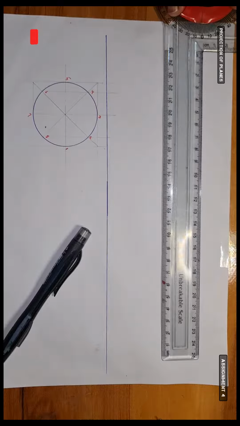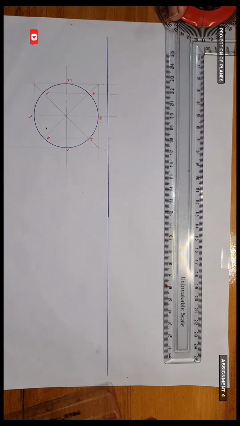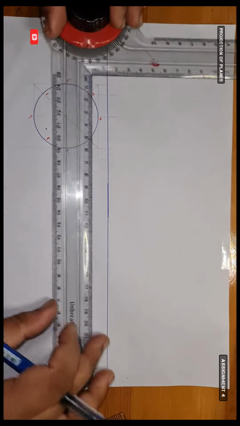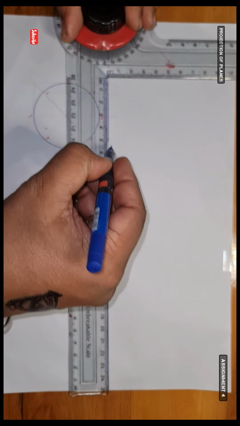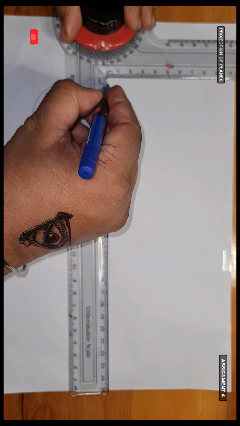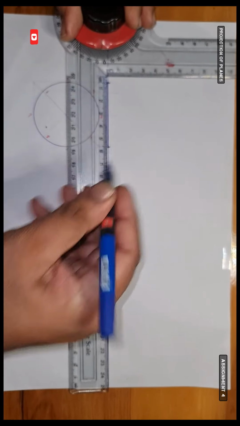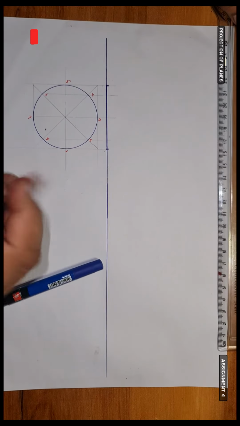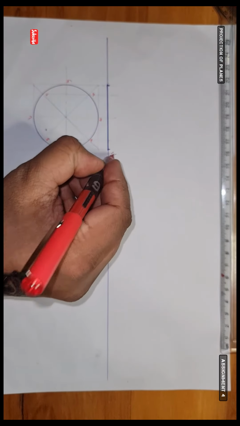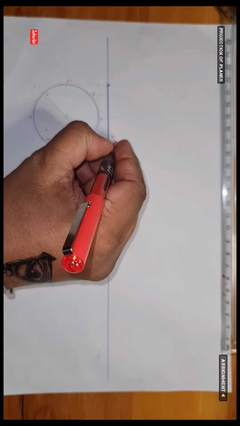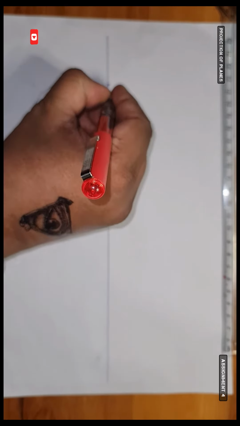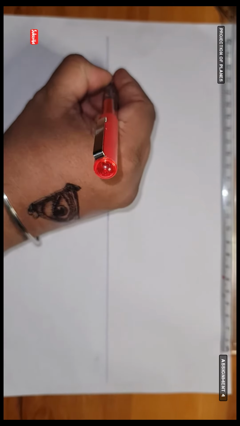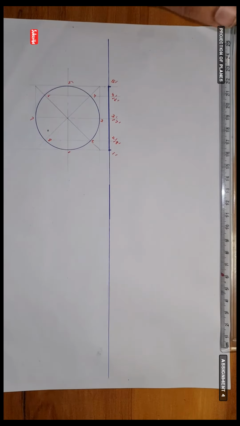So this would be your front view. Up to this is your front view, and this is your 1 dash, comma 2 dash, comma 8 dash. This is 3 dash, comma 7 dash. This is 4 dash, comma 6 dash. This is 5 dash.